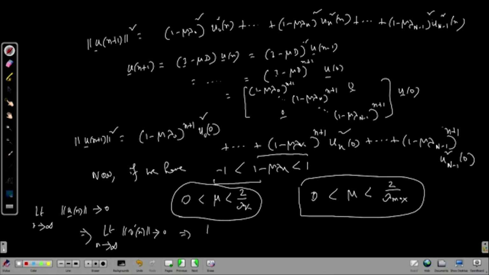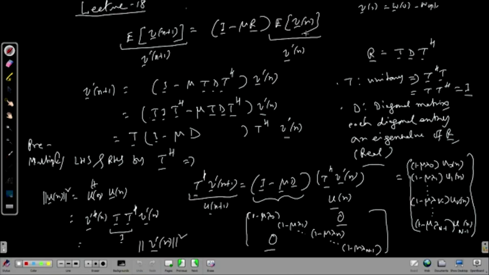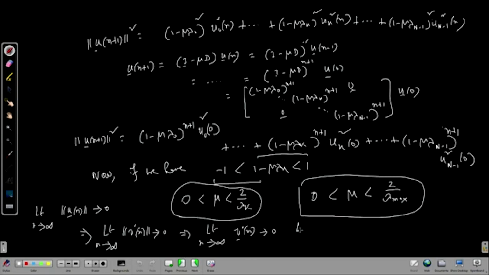So this means limit n tending to infinity v prime n goes to 0. But v prime n, as you have seen in the previous page, is E of v n, and v n is w n minus w opt. So limit E of v n goes to 0, which means E of w n minus E of w opt. W opt is constant, so E of w opt is itself.